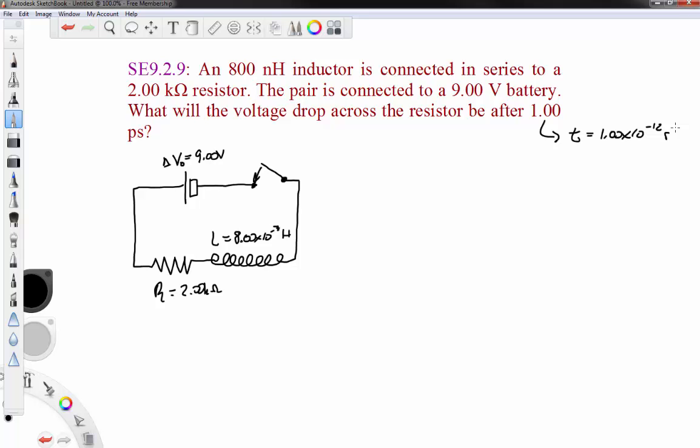Recall that we're looking for delta V sub R. The voltage drop delta V sub R is I times R, and I is I of t, so we have delta V naught over R times 1 minus e to the negative t over tau RL, and then that's times R. You can see that these two resistances cancel.